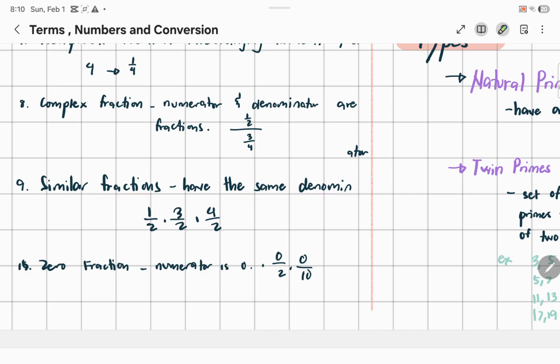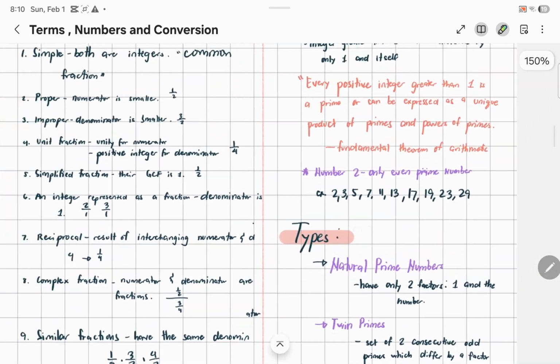For example, here they all have 2 as the denominator, so therefore they are similar fractions. Next, zero fraction. The numerator is 0. No matter what denominator you have, as long as your numerator is 0, that is considered a zero fraction.